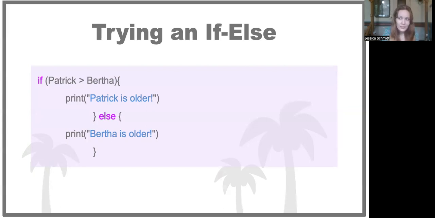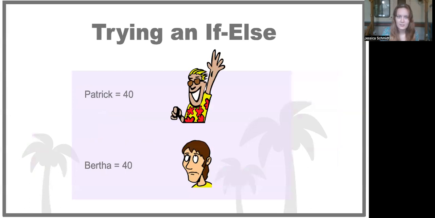Sort of. There is one small flaw with our code. You may have realized it. What happens if Patrick is 40 and Bertha is also 40? What if there's a tie? What if they're the same age? Let's give that a try. Just beneath that code, I want you to redefine and overwrite the Patrick and Bertha variables.